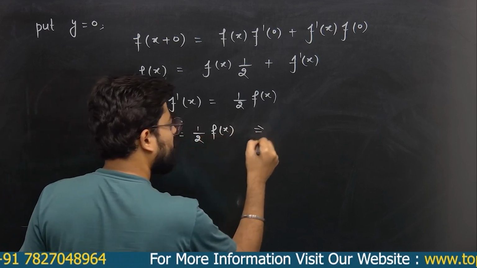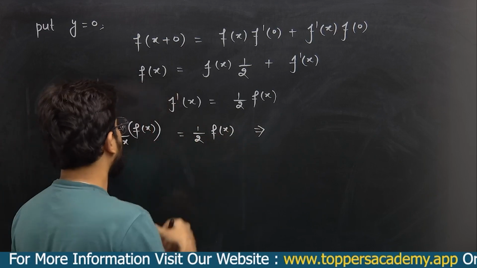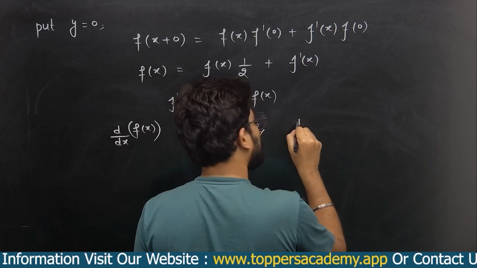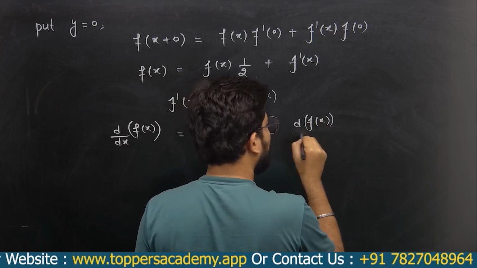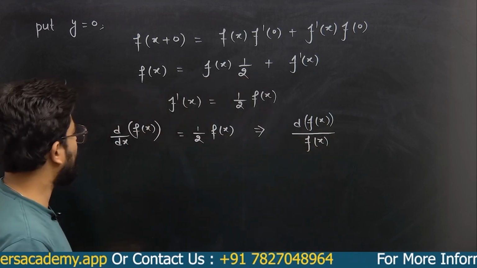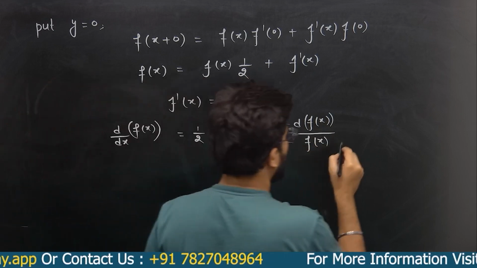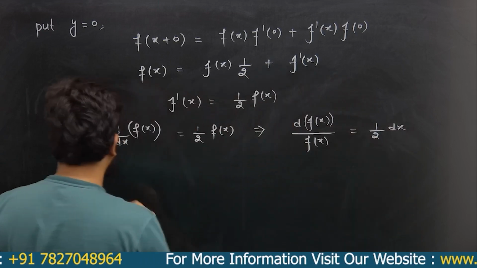That is your differential equation. When you shift your f of x here, you'll get d of f of x divided by f of x is equal to half of dx. Now integrate on both sides.